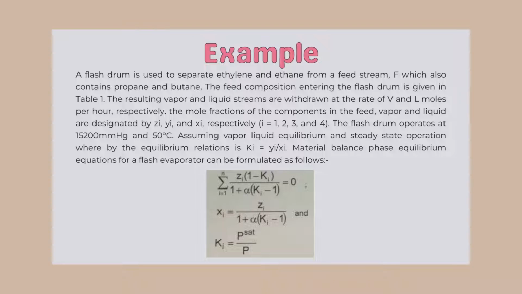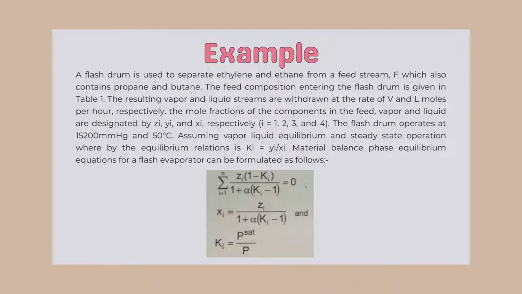The mole fractions of the components in the feed, vapor, and liquid are designated by Zi, Yi, and Xi respectively. The flash drum operates at 15,200 mmHg and 50 degrees Celsius, assuming vapor-liquid equilibrium and steady-state operation, whereby the equilibrium relation is Ki equals Yi over Xi.